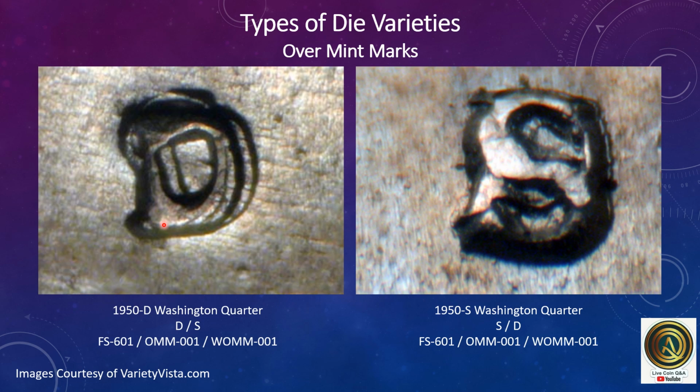This is the Denver Mint quarter with a D over S. You can see the S under the D. Here's a 1950 San Francisco quarter, which has an S over the D. The S being the primary, the D being the secondary mint mark beneath.